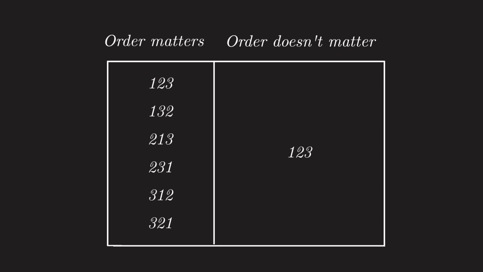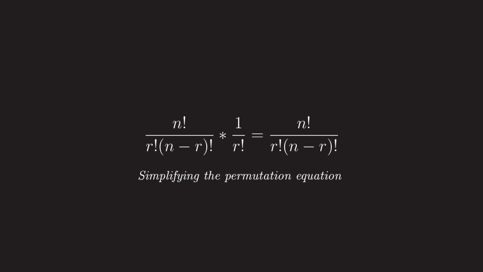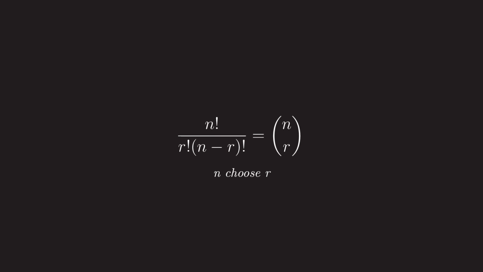These are all the possibilities. In fact, we already have a way to figure out all the permutations by just taking the factorial of 3. So all we need to do now is divide the permutations by the factorial of all the varieties. This is often called n choose r, where n is the amount of variations and r is the amount of choices.